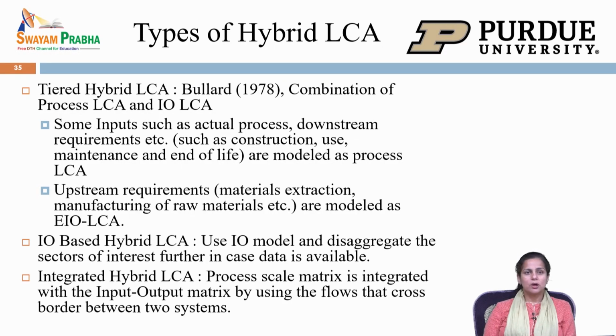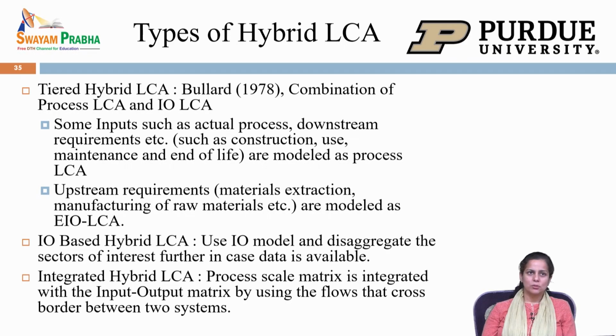Then we have what we call integrated hybrid LCA. In this, the process scale matrix is integrated with the input output matrix itself, and here we are updating the whole model by looking at the process and the IO interaction and the IO and the process interaction. So, this is again creating a new kind of matrix algebra where we actually integrate the input output model with the process model.